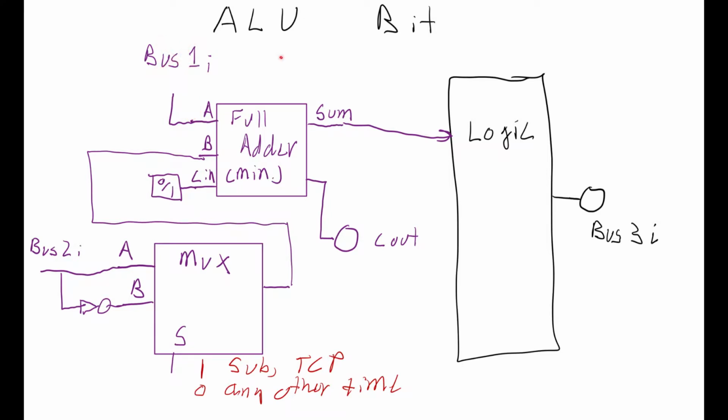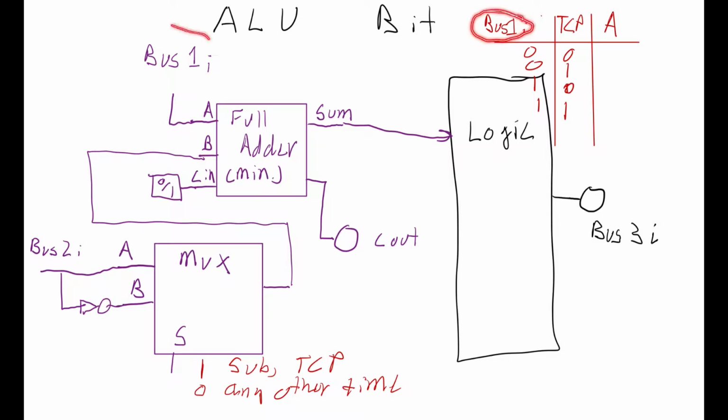So you can come up with another truth table for the A input of bus 1. The truth table will take in as inputs bus 1 bit I and 2's complement. When 2's complement is on, we want our A input to be 0 no matter what bus 1 says it is.